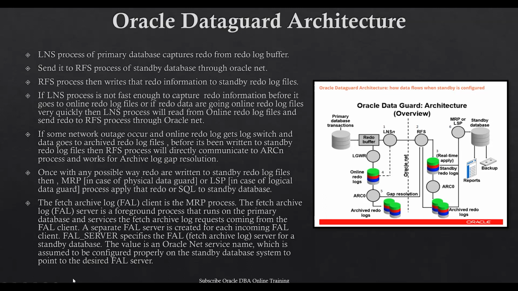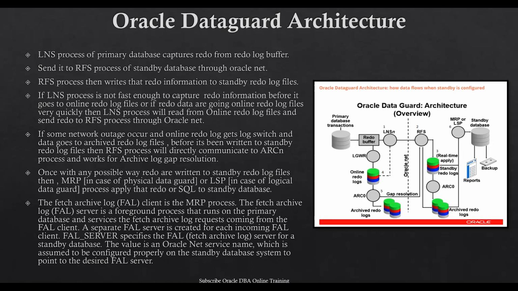But for the knowledge, the file server parameter is used to point to the service alias for your standby database, and in the reverse order, it shows from where it will fetch, so a vice versa entry will be there.